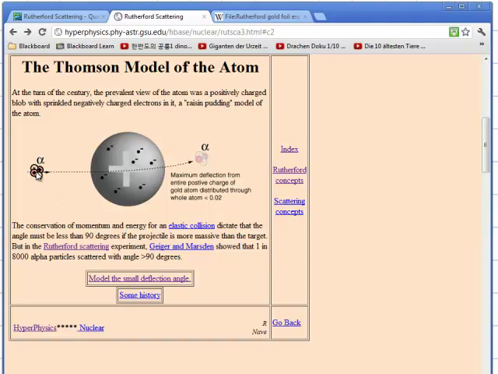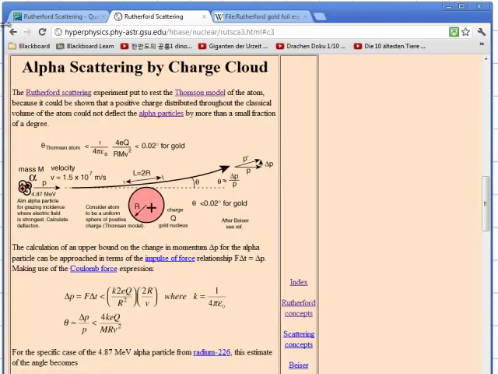So when an alpha particle is being sent through, it would be deflected, and if I click on the model of the small deflection angle, we come up with this tiny angle, 0.02 degrees, that it would be deflected according to this charge cloud.